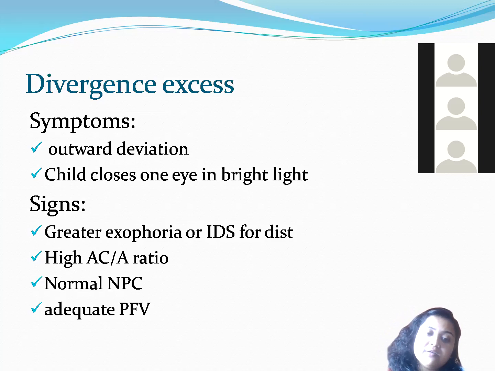So definitely there will be a high AC/A ratio. That is for sure. NPC will be normal. We check the near point of convergence, subjectively and objectively, and both will be normal. And there is an adequate positive fusional divergence also. So these are the signs of divergence excess.